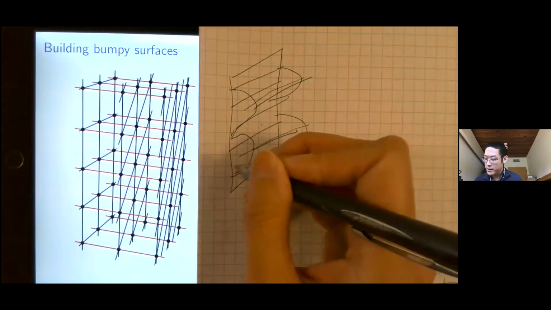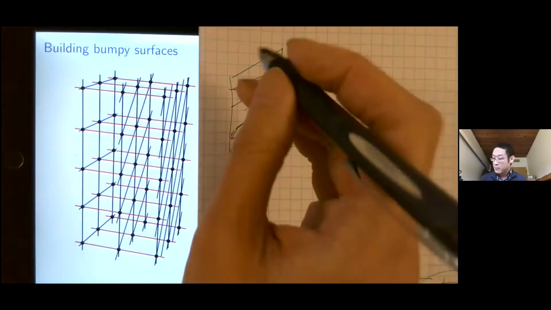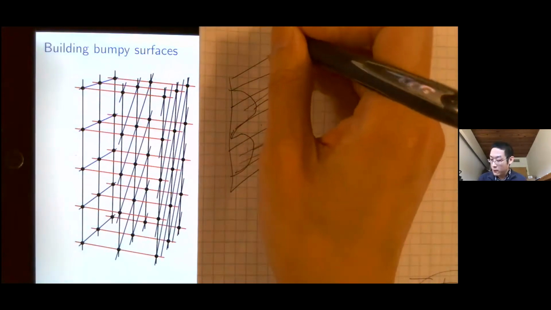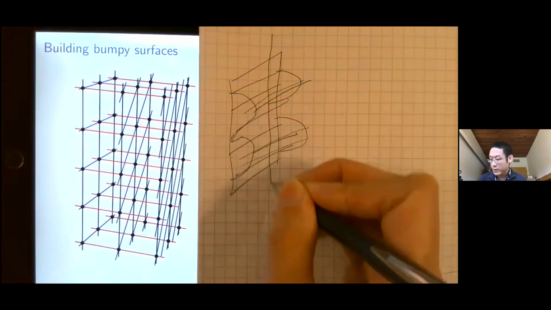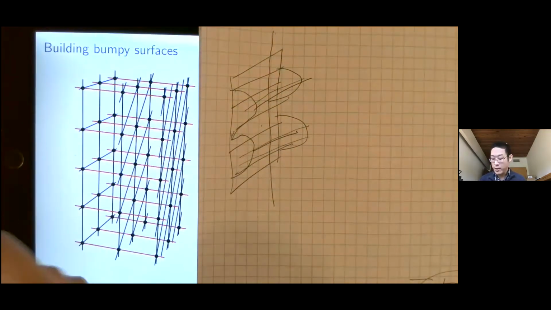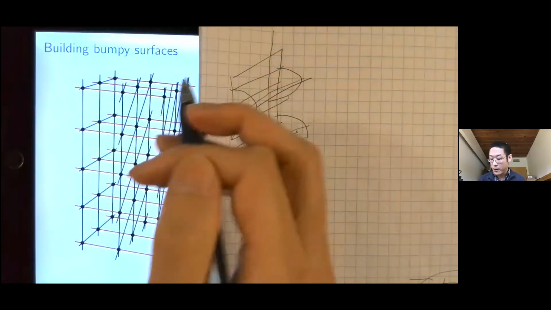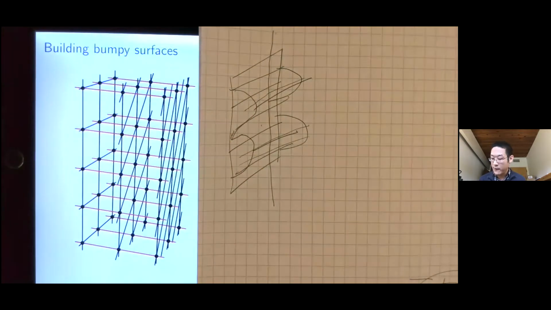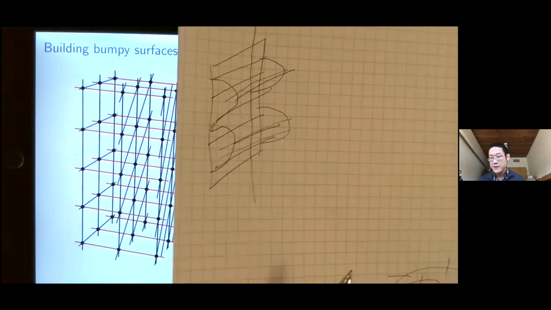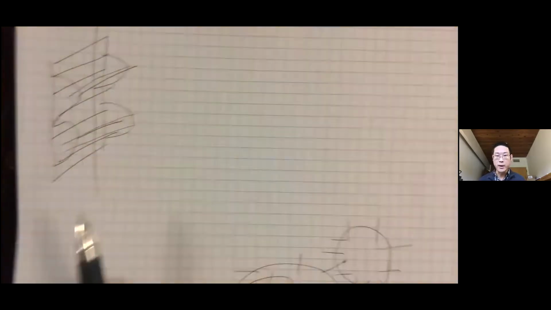We wouldn't intersect any extra horizontal lines, but we would intersect all the vertical lines that go in and out and in and out of these humps. So if both these foliations were absolutely parallel, this would be easy. They aren't, but this is still a reasonably good starting point.